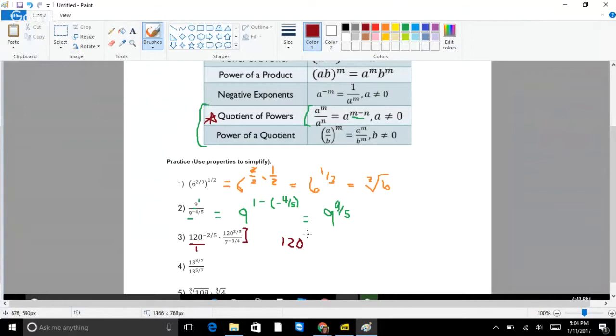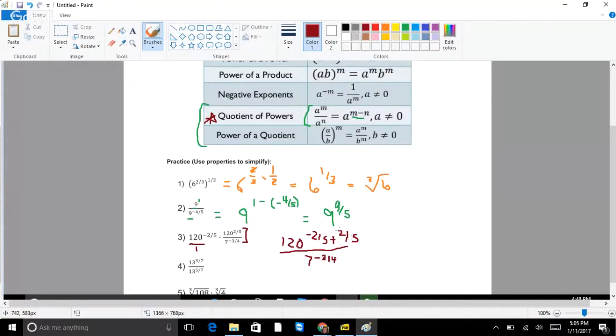I have 120 to the negative 2/5 power plus positive 2/5 over, sorry for the crazy writing, 7 to the negative 3/4 power.